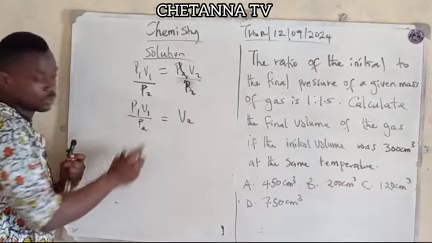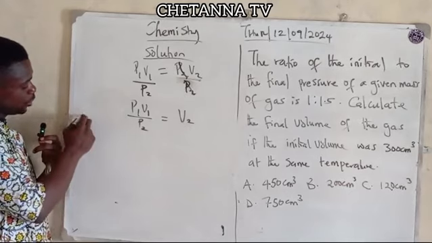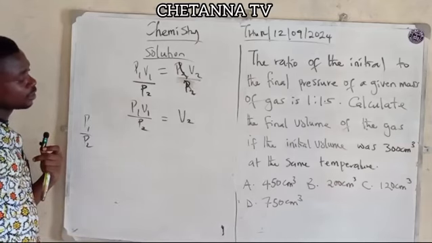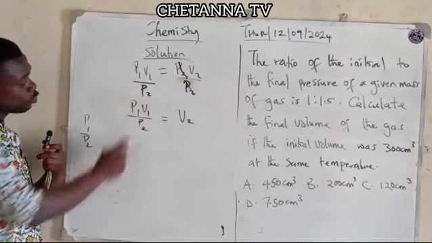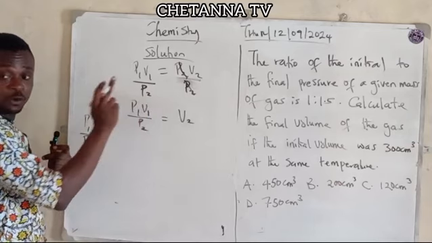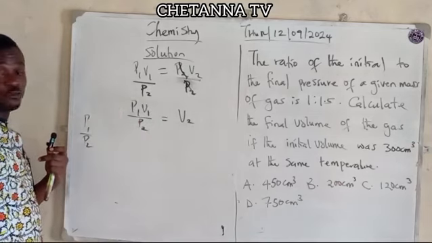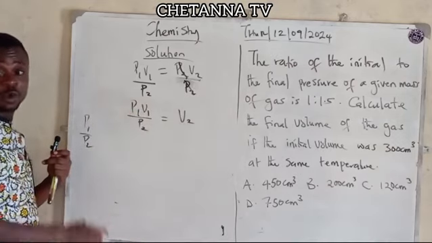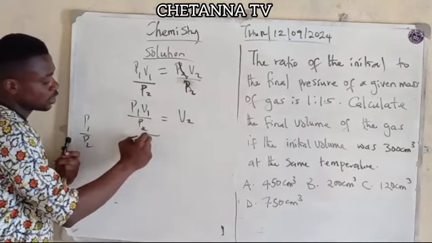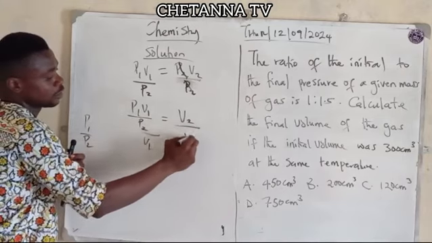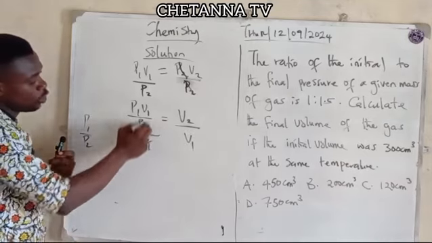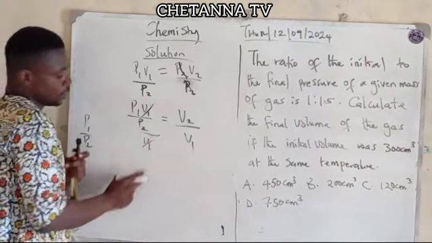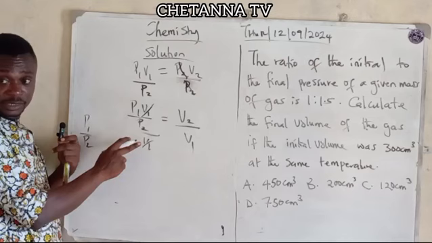But we are not done. Here is P2. What we want is P1 over P2 separately. For us to achieve that, we must move this V1 away from here. And if we want to move this V1 away, we divide both sides by V1. So V1 over V1, V1 will cancel V1. Hope you know why to cancel it.